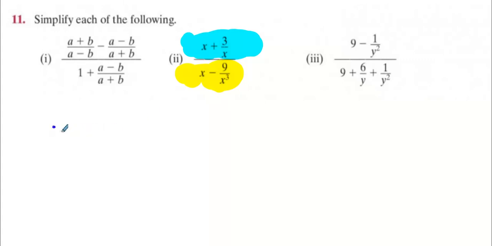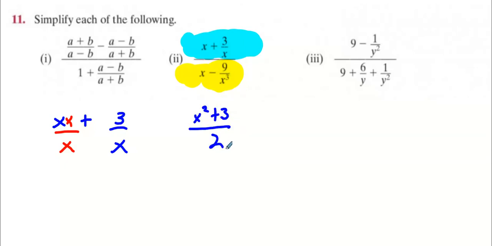We give the top a common denominator. The blue part you need to add another x on the top and an x on the bottom, and you essentially make it x squared plus 3 over x. Everybody cool with that? Then the bottom part, you have x minus 9 over x cubed.